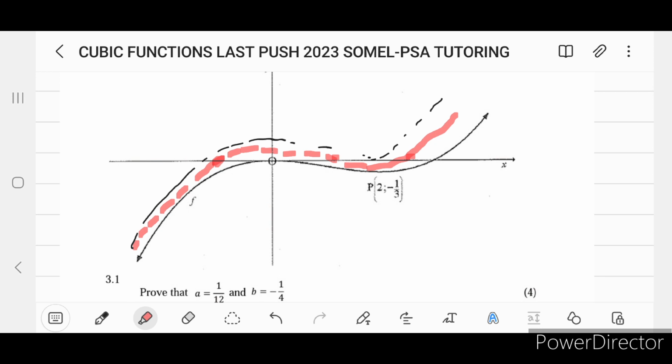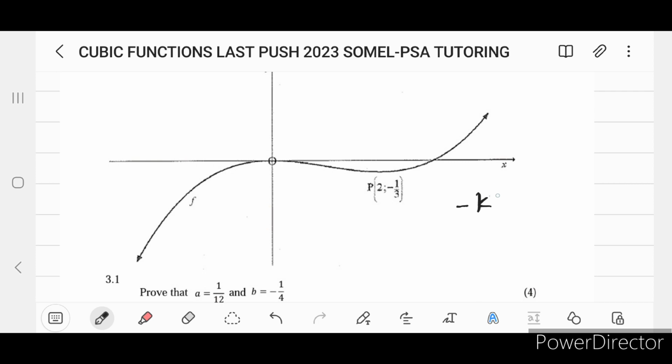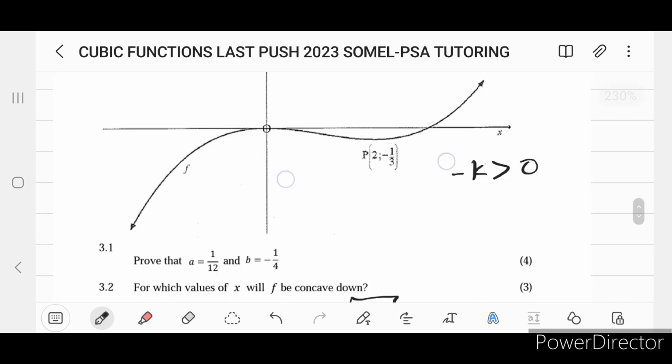So for me to have 3 roots, I must say that my k must be greater than 0. I must say negative k must be greater than 0. That's number 1.